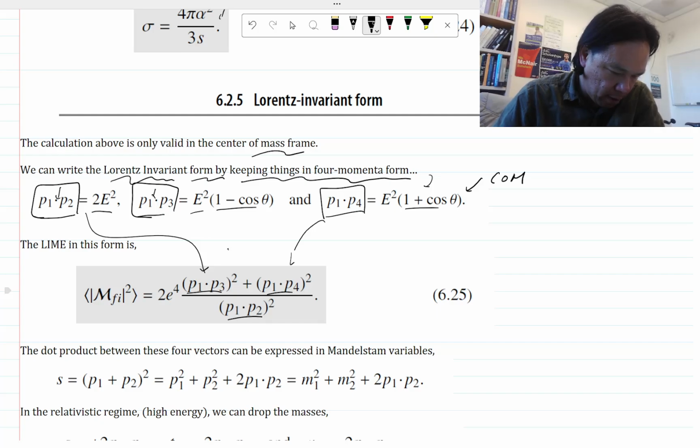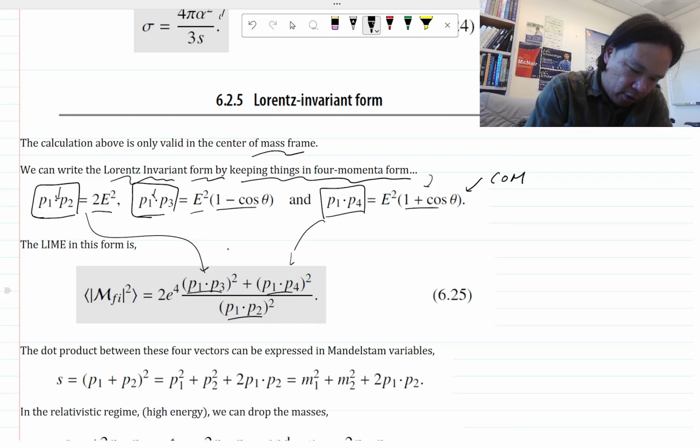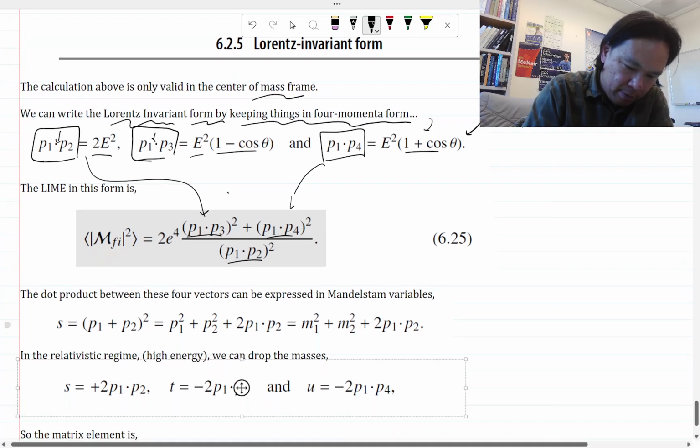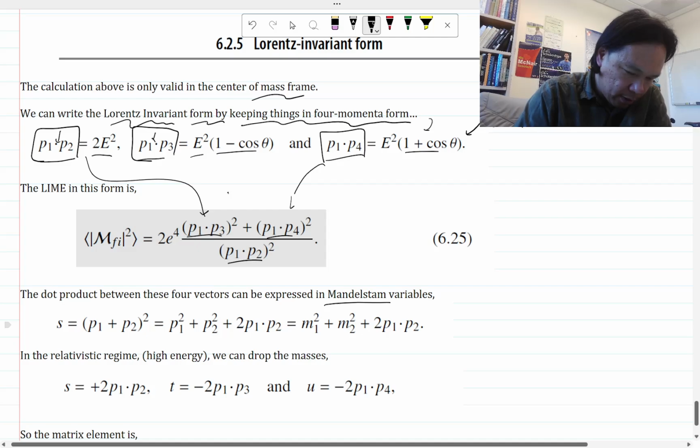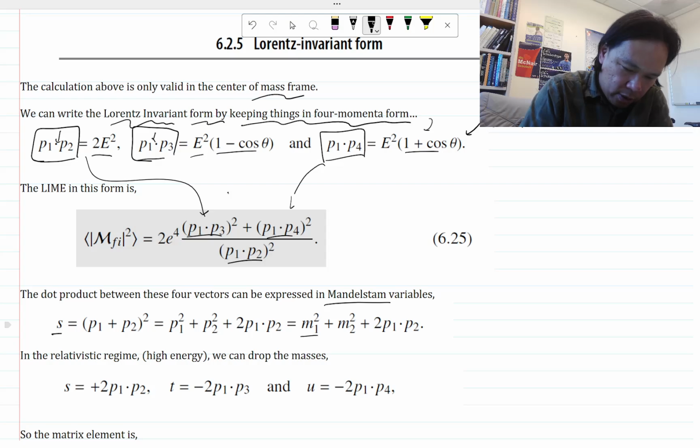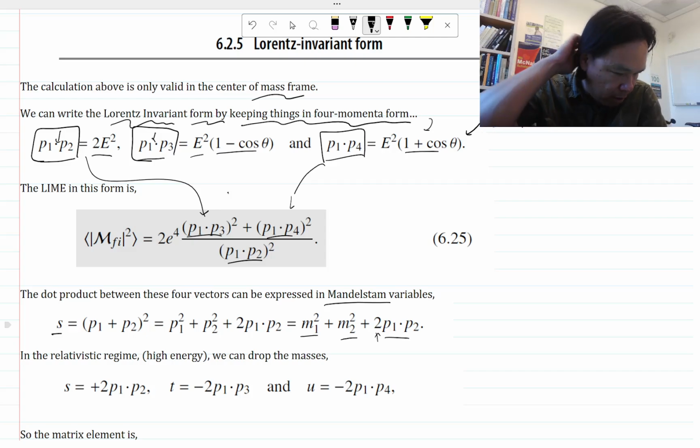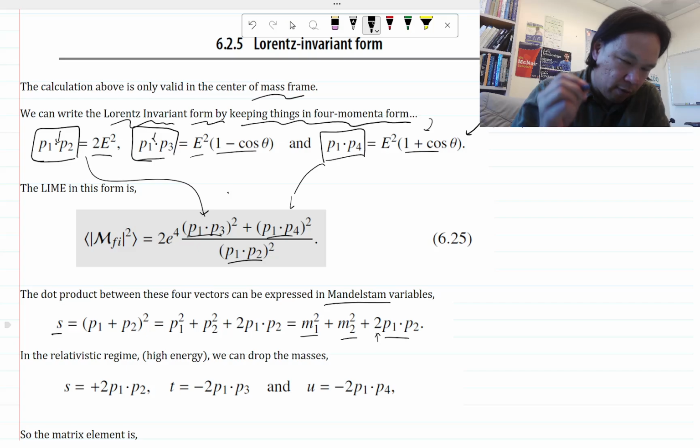The dot products of these variables can be expressed in these Mandelstam variables, of course, where s is equal to m1 squared plus m2 squared plus twice the dot product between P1 and P2. But in this relativistic case, we can just ignore the masses.